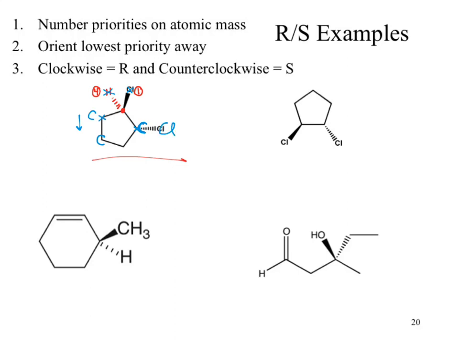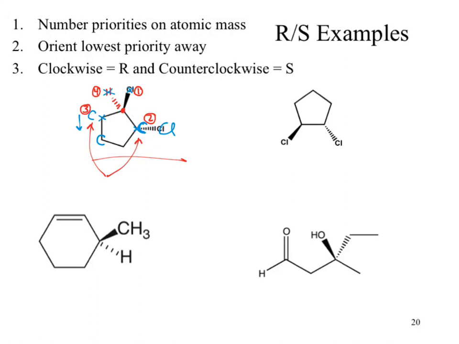Chlorine. Chlorine versus carbon. Which has higher priority? Chlorine. So chlorine has the higher priority than carbon, which then means what about these 2 carbons? The carbon with the chlorine gets 2. The other one gets 3.